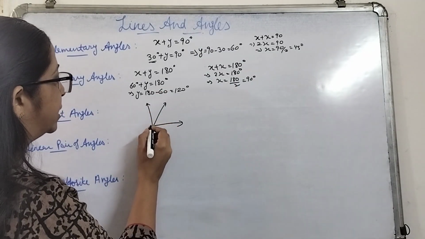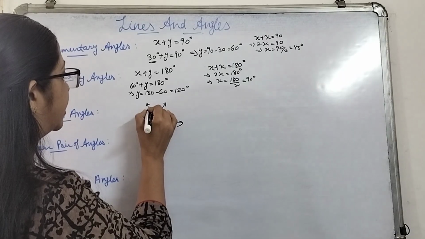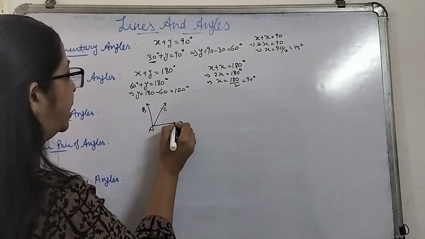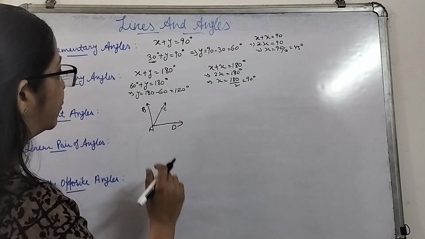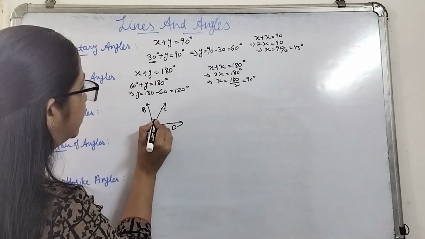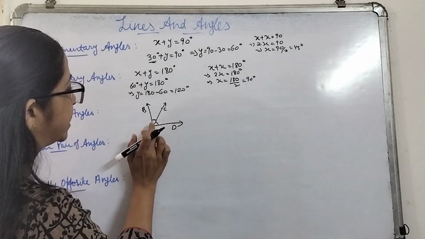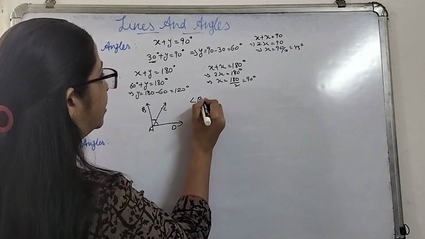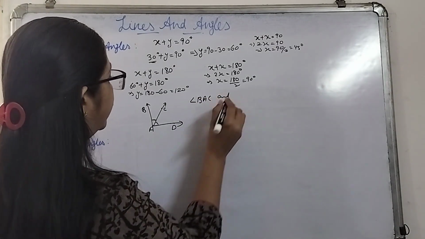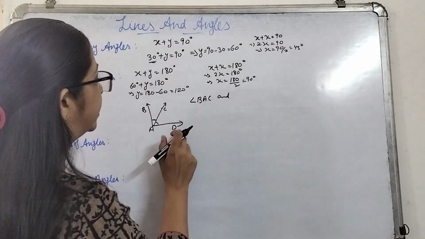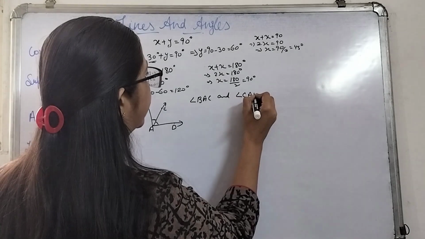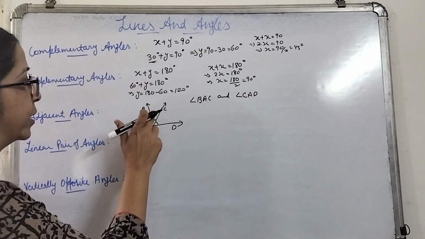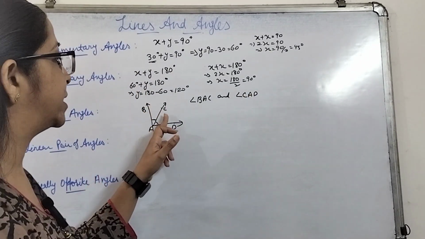Suppose this is A, this is B, this is C, and this is D. If I consider this angle, which is angle BAC, and angle CAD, then these two angles will be adjacent angles.